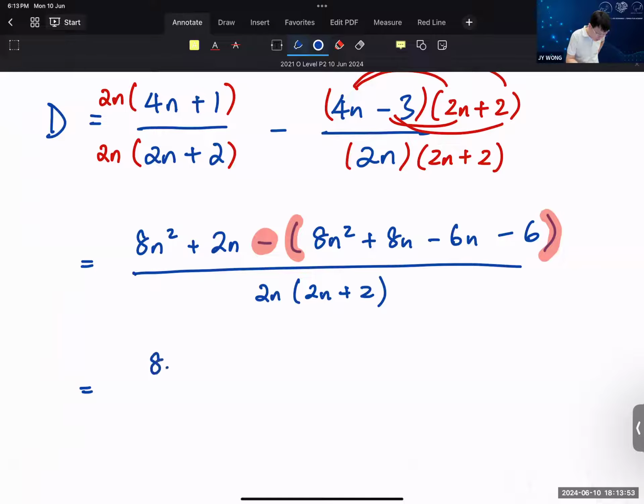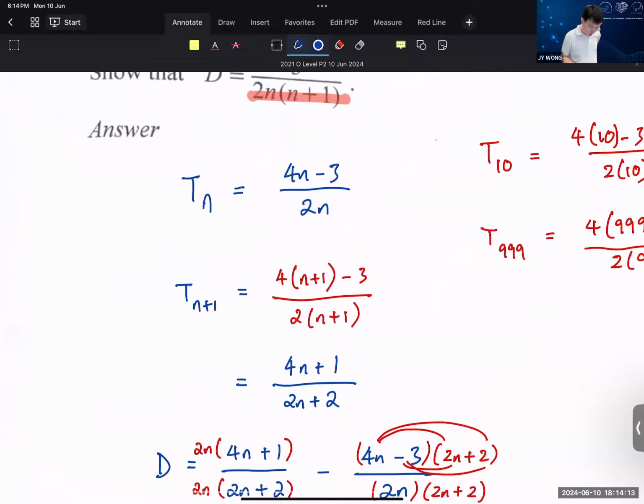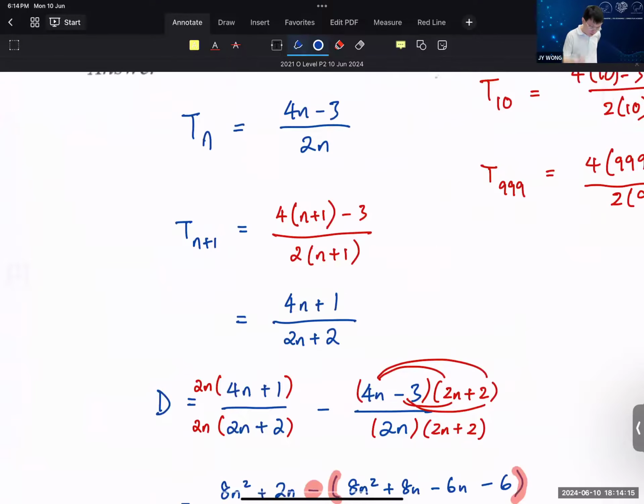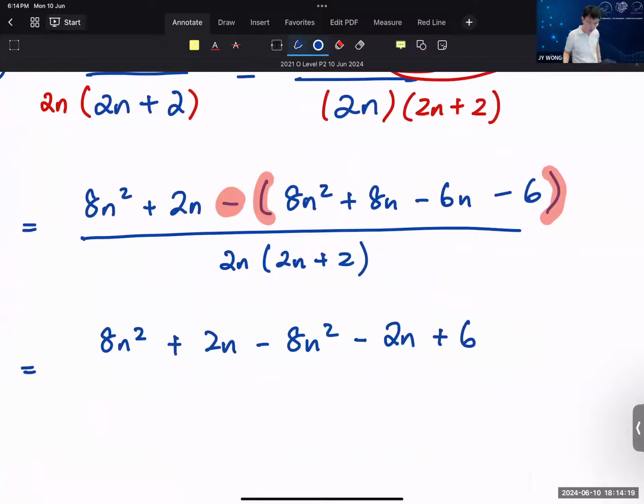So from here, change the sign, you will get 8n squared plus 2n minus 8n squared plus 8n minus 6n minus 6. The 8n minus 6n is supposed to be positive 2n, but because of the minus sign, it becomes negative 2n. And then minus 6 will give me plus 6.